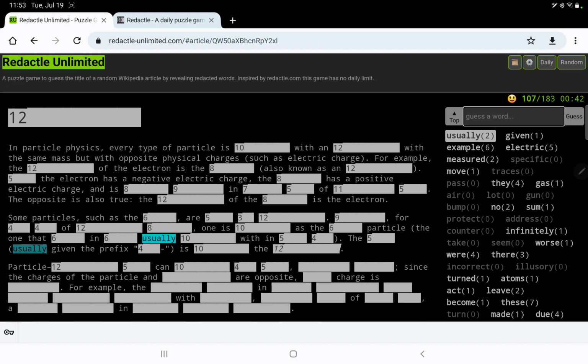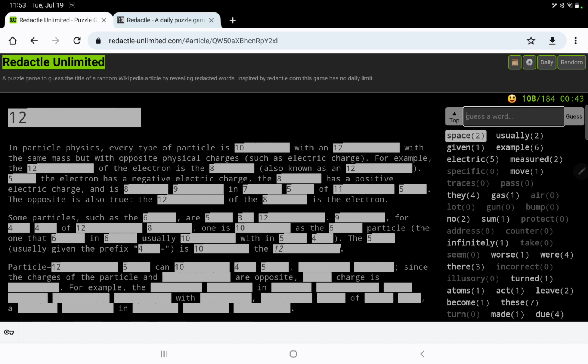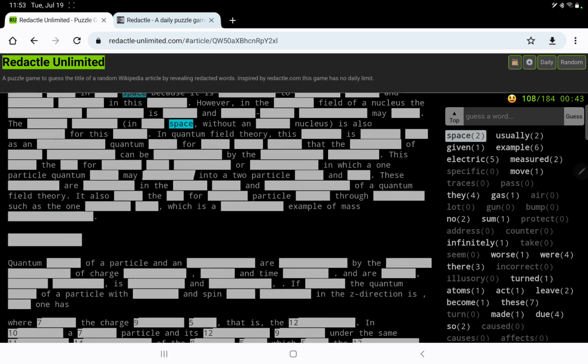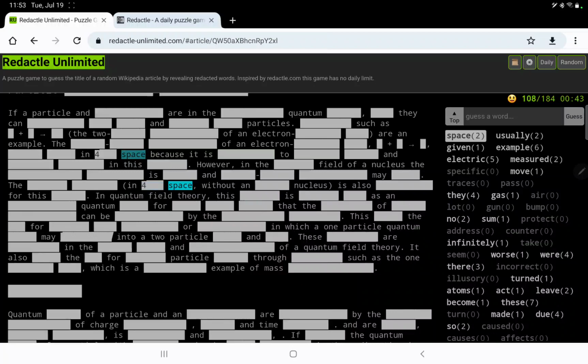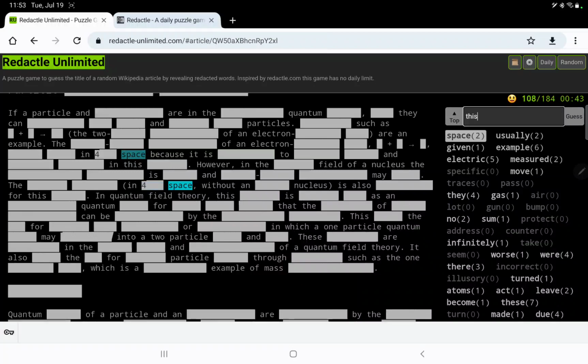Yes, usually given the prefix something is something the something. How about space? In this space, now I've done that, and we have done that.